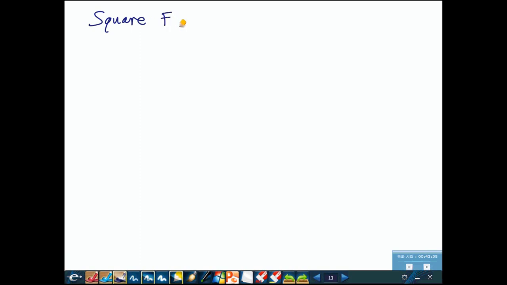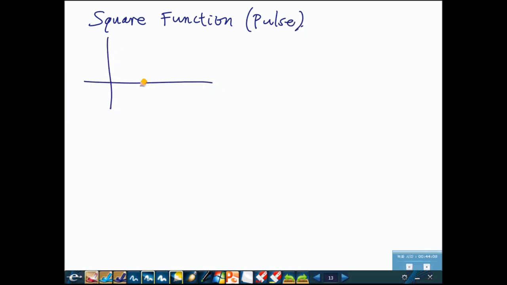Next is the square function, or pulse. It's like this: from a to b, it's 1, otherwise 0. That's the square function.